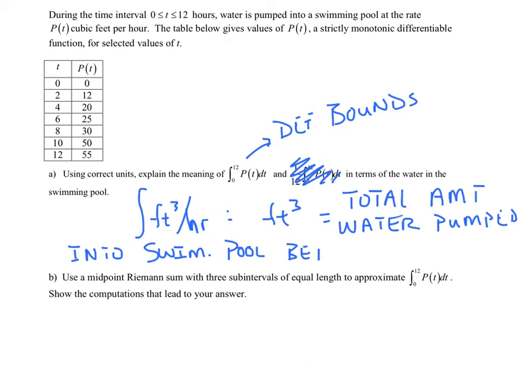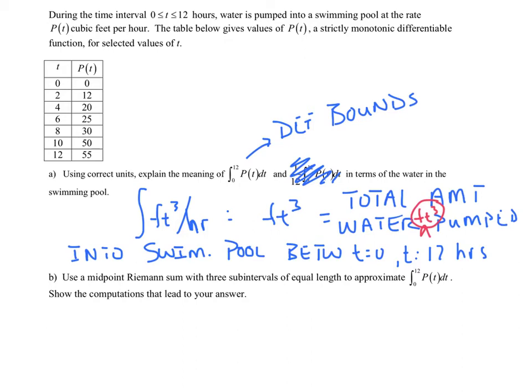And this part's just as important as any of it: between t equals 0 and t equals 12 hours. And I should have included here the total amount of water in cubic feet. That unit right there is just as important as anything else.